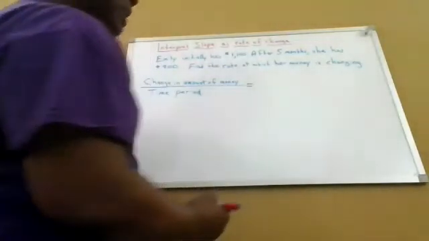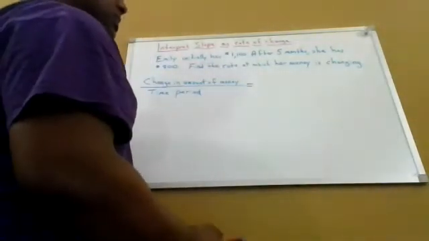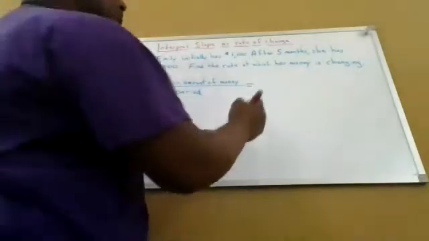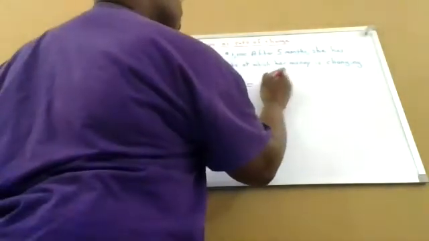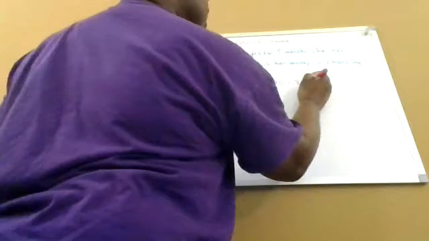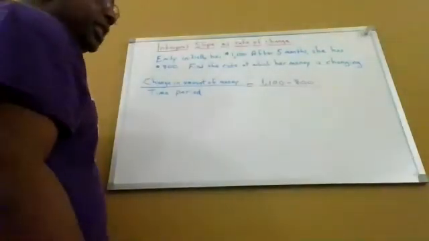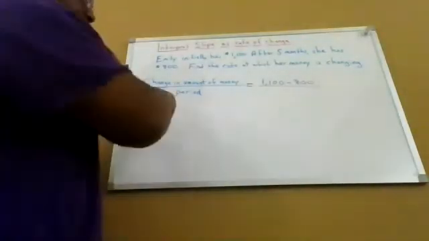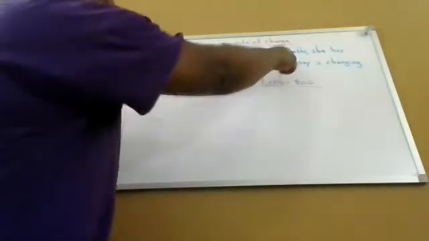So then my numerator is going to be 1,100 minus 800. Okay, so that's my numerator. And now my time period is 5 months.